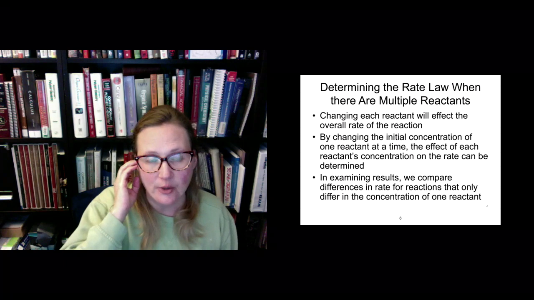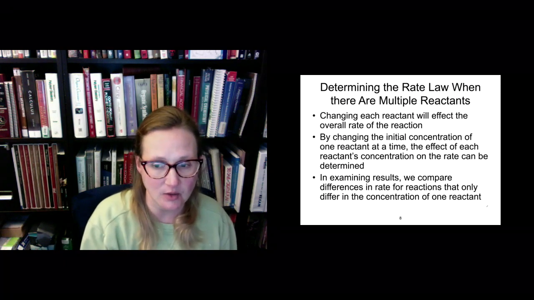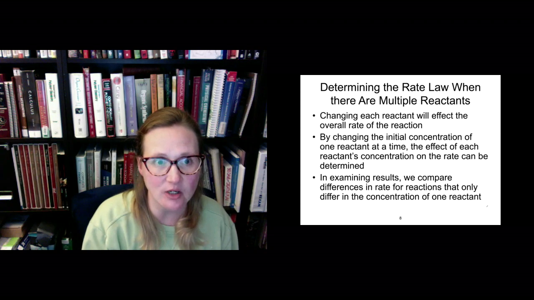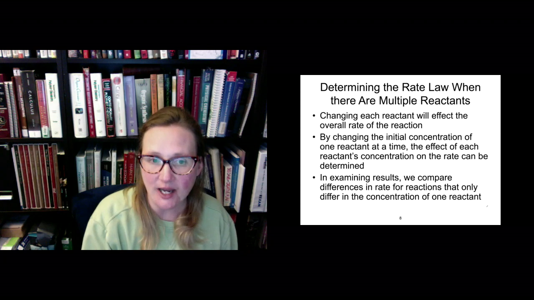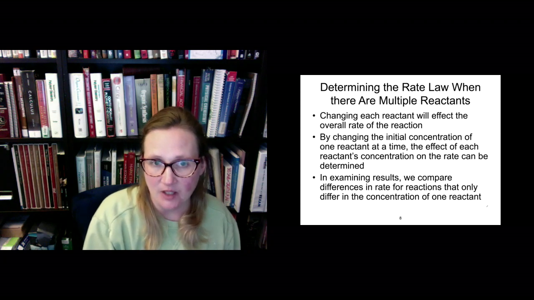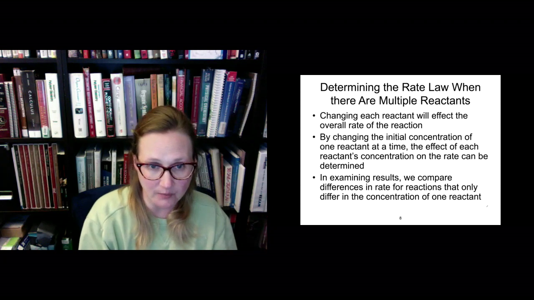All right, so how do you determine a rate law if there are multiple reactants? Okay, so this is where you have to really plan your experiment. You're going to have to change the concentration of each reactant individually, because changing each reactant will affect the overall rate of reaction.